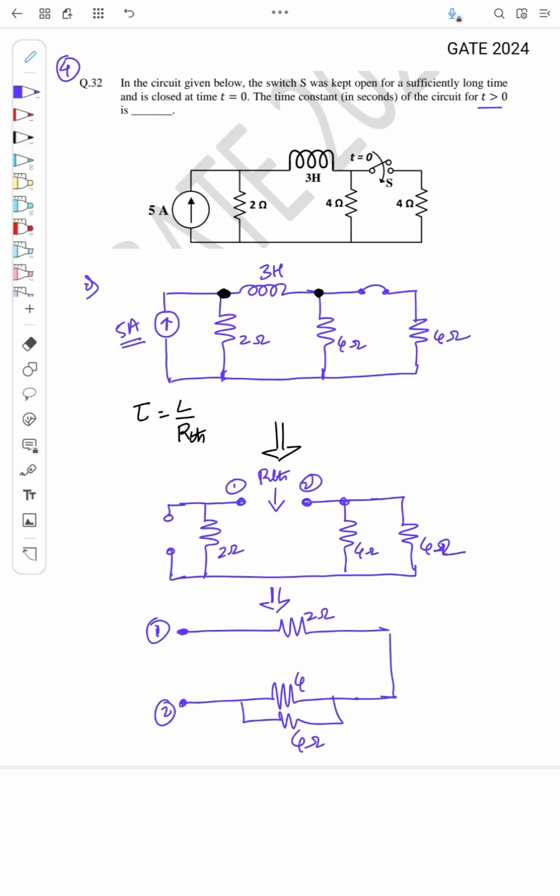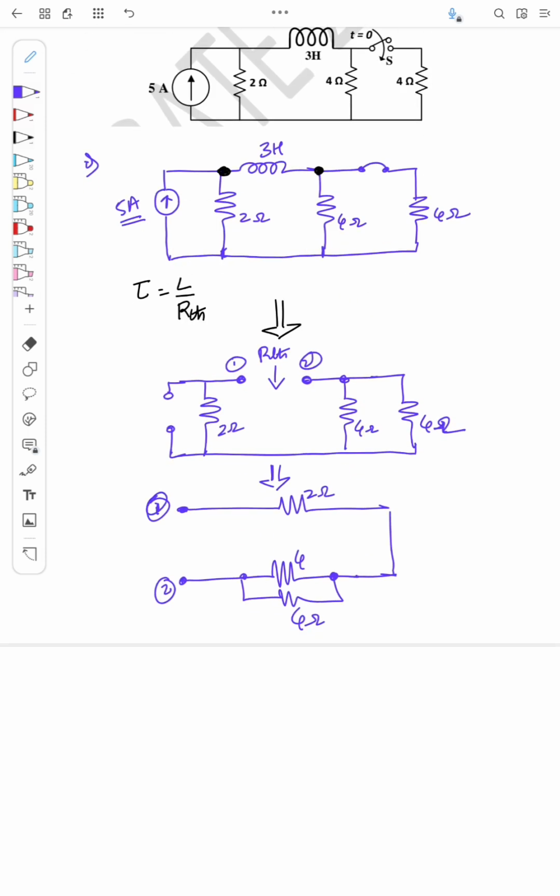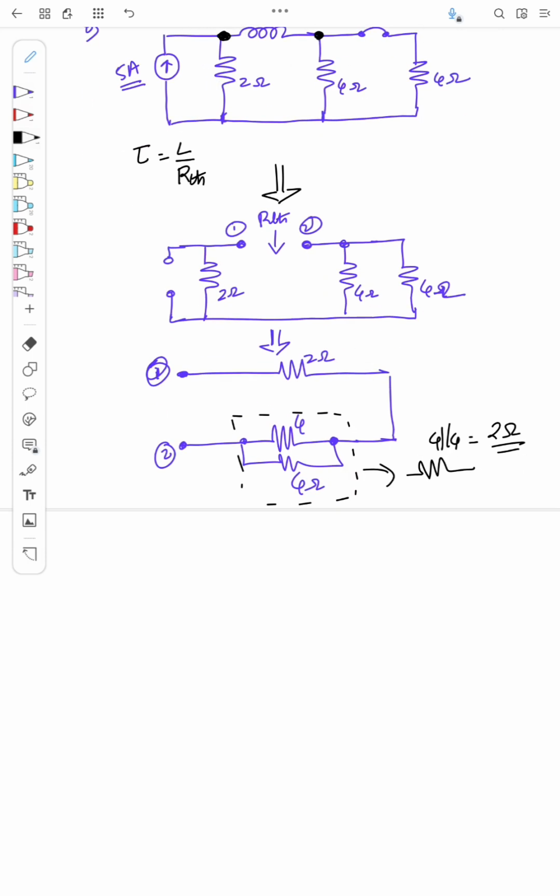So the 2 ohm is kept in series with the 4 ohm parallel combination, right? Since this is parallel, the effective resistance is 4 parallel 4, that is 4 into 4 by 4 plus 4, which is 2 ohm. So the equivalent resistance RTH is 2 plus 2 equal to 4 ohm.